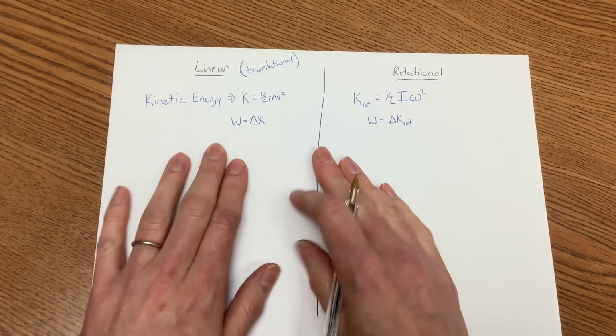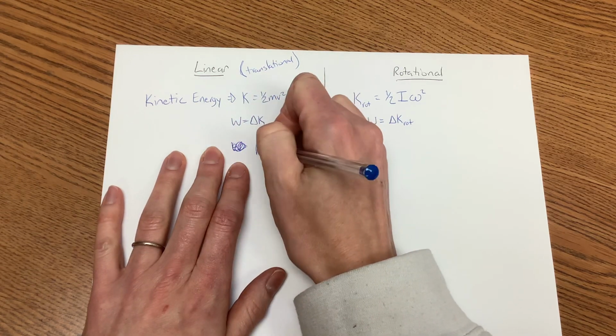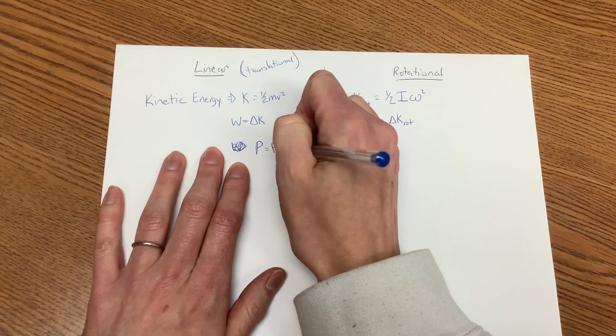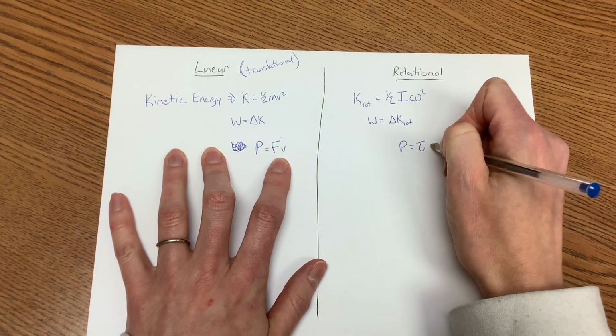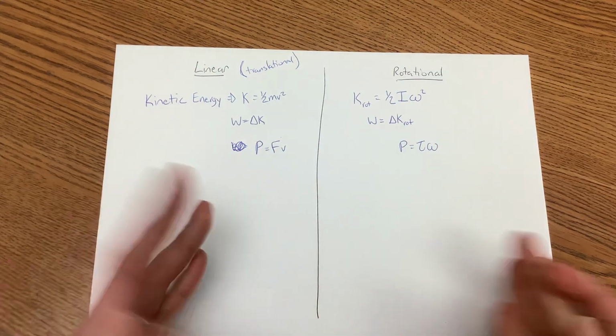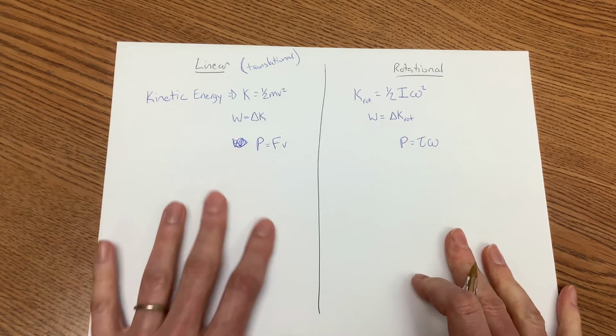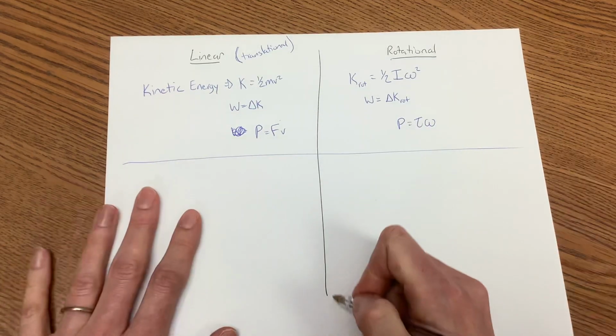And instead of power equals F times v, it would be power equals torque times omega. So there are all these rotational equivalents. As long as you are good at finding those rotational equivalents, then you can keep on going.